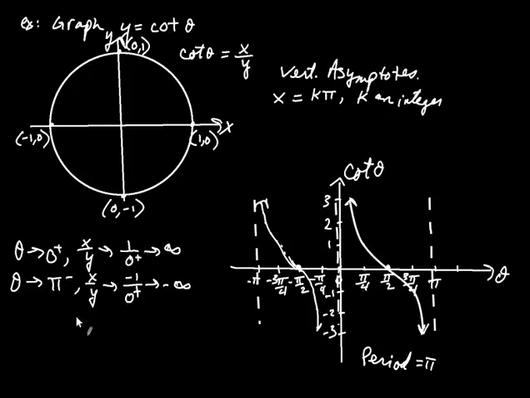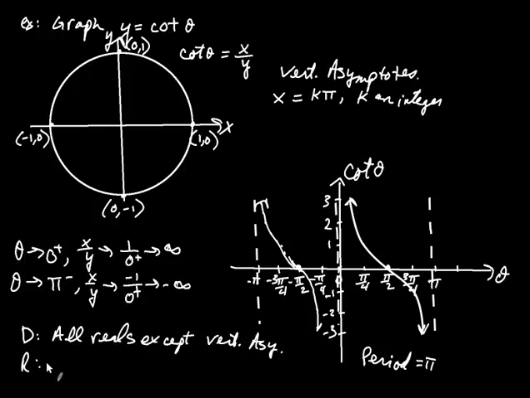So once again, the domain is all reals except where you have vertical asymptotes, and the range is once again negative infinity to infinity.